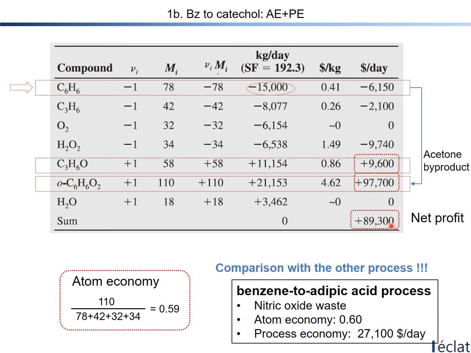Well, profit would be going up. So we should choose the production of catechol rather than the benzene to adipic acid process. So the catechol wins against the adipic acid because we can earn more money.